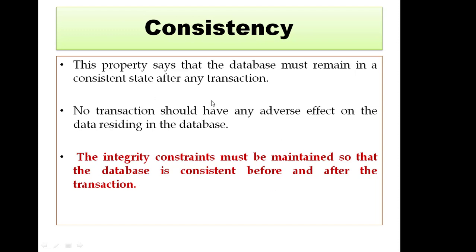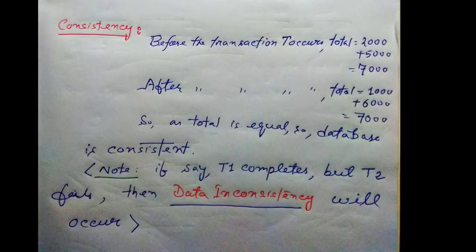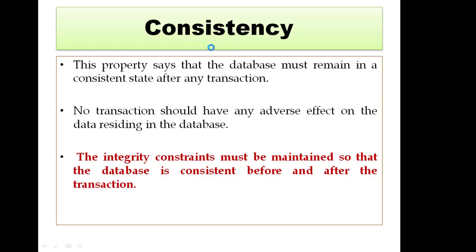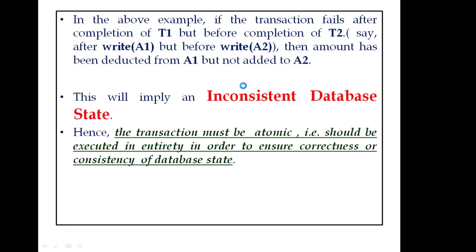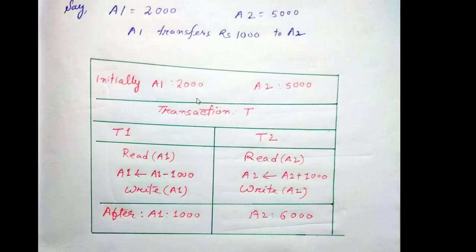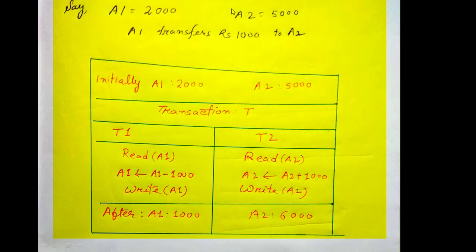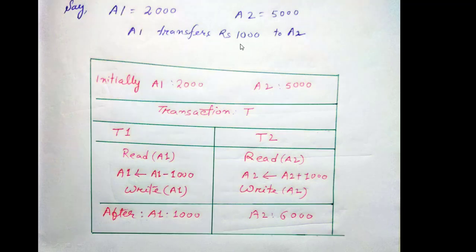Let's consider the example. It's just the above example of transaction T, where two accounts A1 and A2 are considered. A1 transfers 1,000 rupees to A2. Initially A1 has 2,000 and A2 has 5,000.